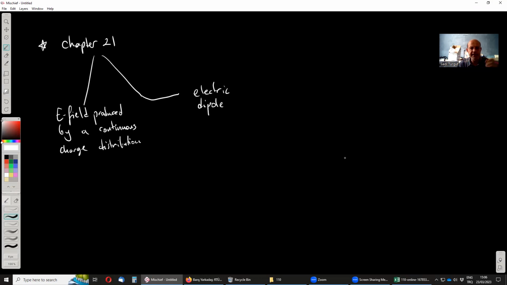In both cases, there are some formulas actually. For this one, I'm going to talk about certain kinds of problems which can be solved by using this Coulomb's law approach. In the second chapter, chapter 22, there is a different mathematical technique called Gauss law.